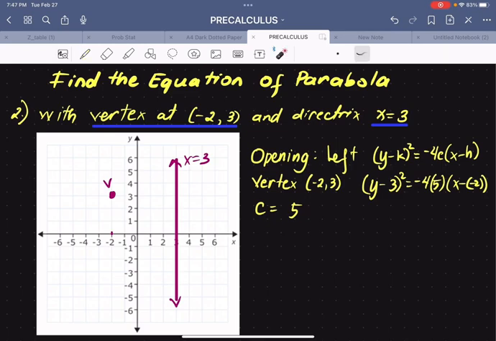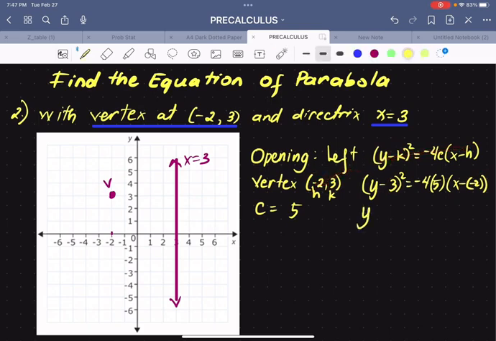So, we substitute the h and k. Always remember the vertex is our h, k. Okay? Negative 2 is the h. Okay? 3 is the k. Okay? So, we just simply substitute in the equation. Then, simplify.